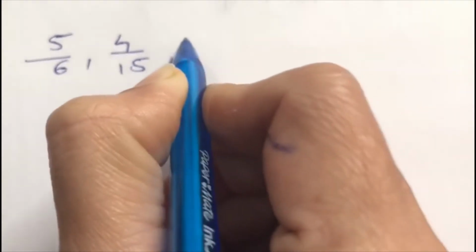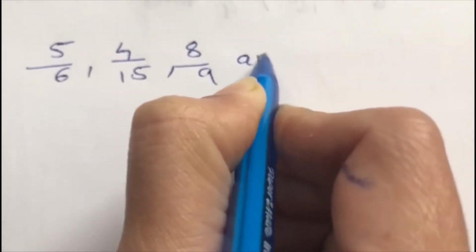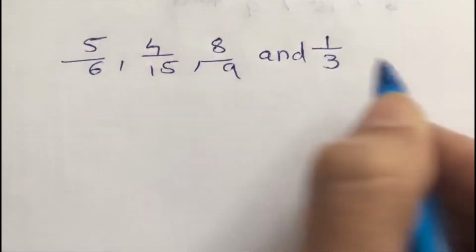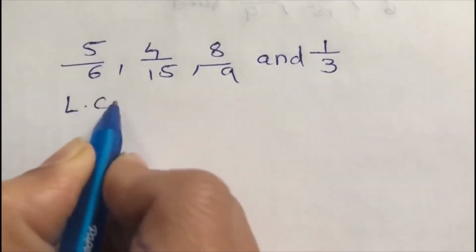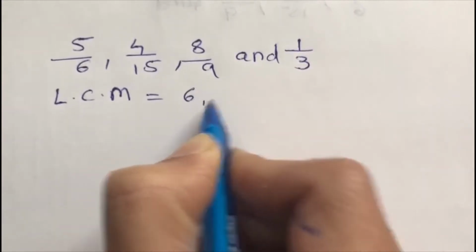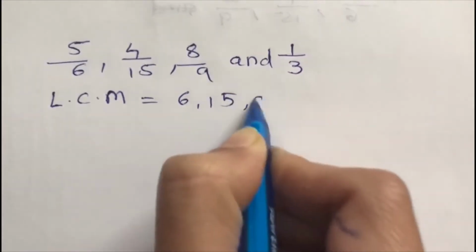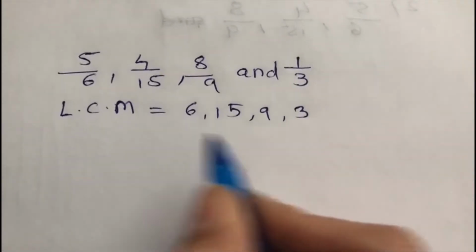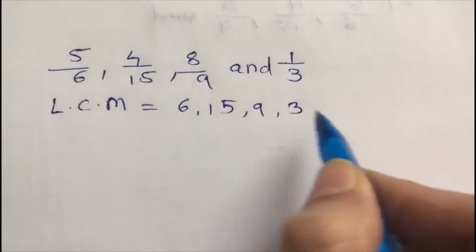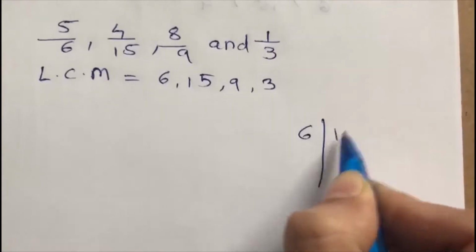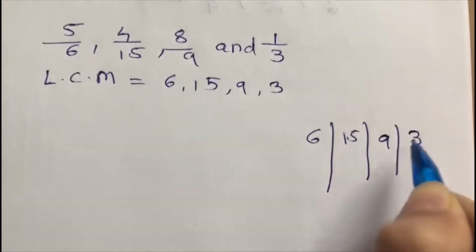5 by 6, 4 by 15, 8 by 9 and 1 by 3. To compare these four fractions, we should know the LCM of the denominators. The LCM of these 6, 15, 9 and 3 we have to find. So I write here 6, 15, 9 and 3.